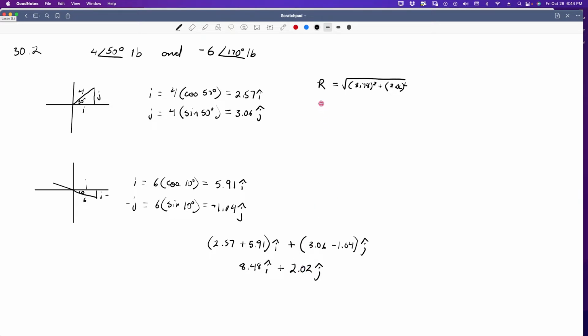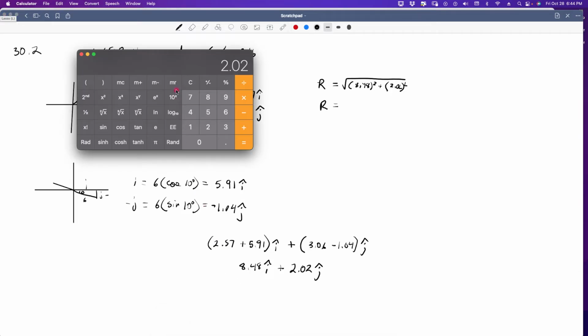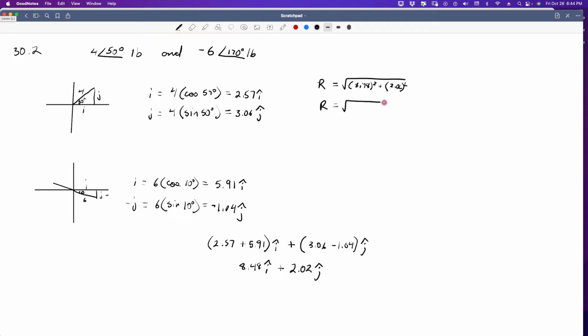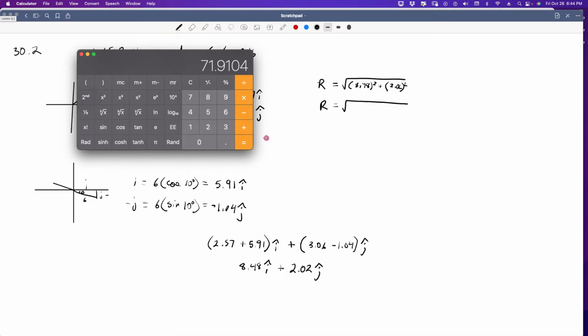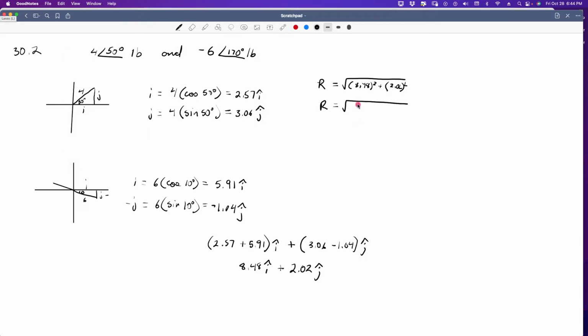I'm going to go ahead and do those on the calculator. 8.48 squared is 71.9104.